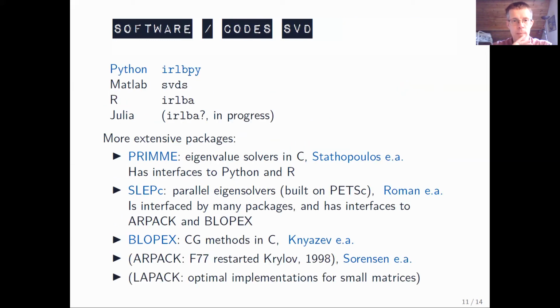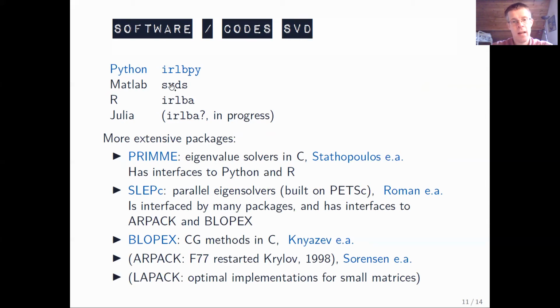Okay, this may be useful for some of you. What about the code? Having said all of this, can we try this? Can we use some software? Here is definitely a table to start with. If you use Python, there's this implicitly restarted Lanczos bidiagonalization method.